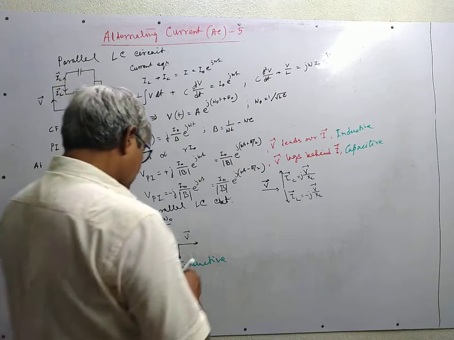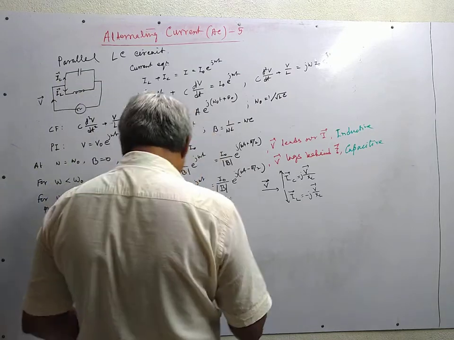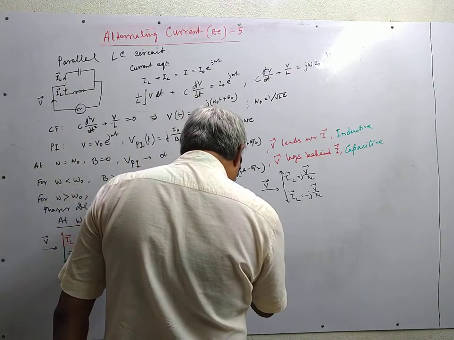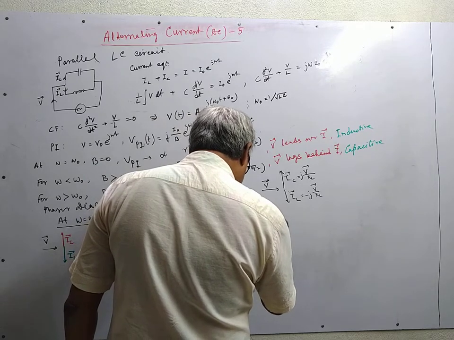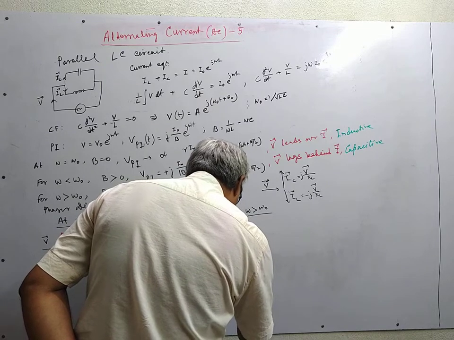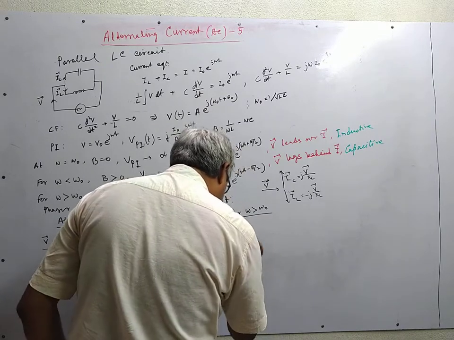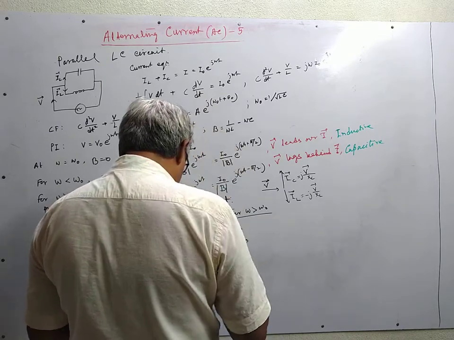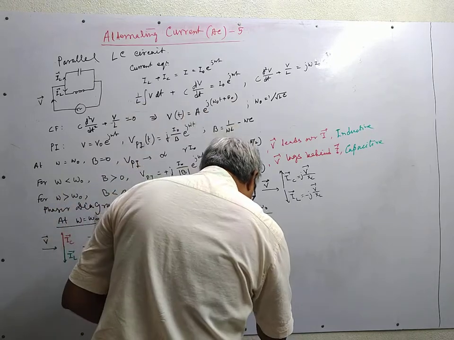Now come to the third situation. For omega greater than omega 0, this is the voltage phasor at a particular instant. At the same instant, IC is here.